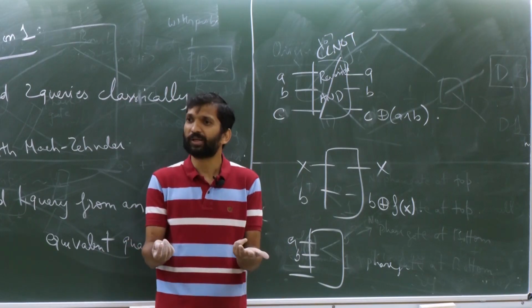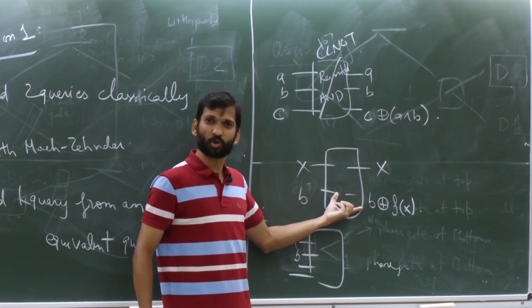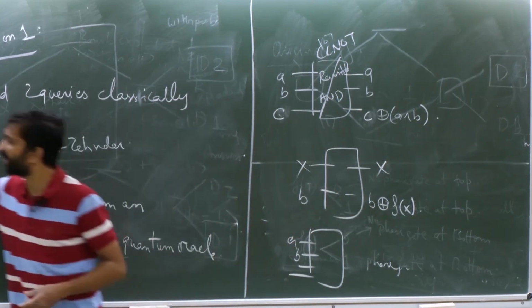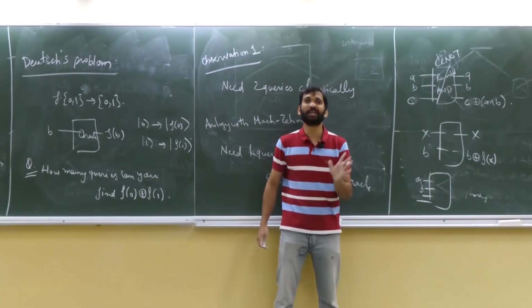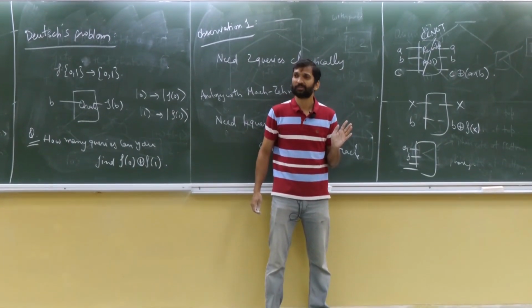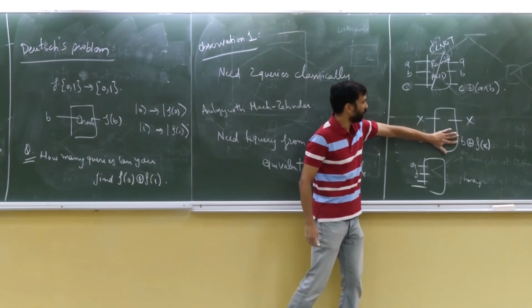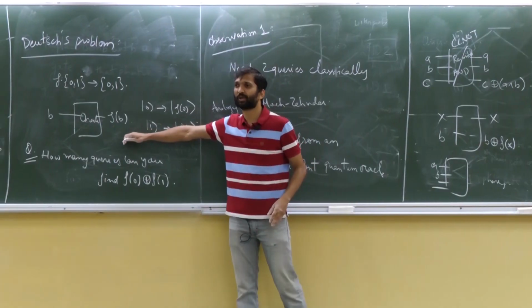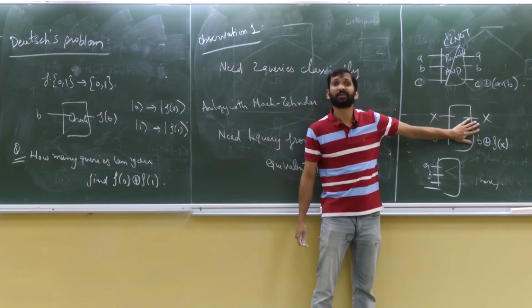Even then, you will need 2 queries. If you have this oracle, you can convert it into this. If you have this, you can convert it into this without any additional queries. So it's not like this oracle is much more powerful than this oracle. It's just that quantumly, I have to give something reversible.